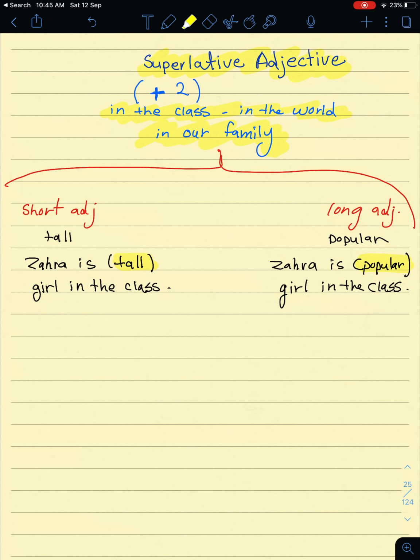Let's take a look here. Here I'm comparing Zahra to the whole classroom as well as in this one. So this is what we mean by superlative adjective. هذا اللي نقصد فيها اللي هي superlative adjective. مقارنة بين أكثر من شيء أو أكثر من شخص، أكثر من شيئين عفوا أو أكثر من شخصين. Again أكثر من شخصين أو أكثر من شيئين.